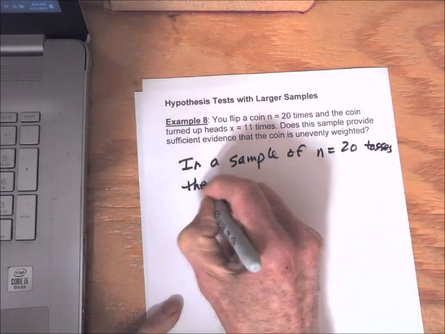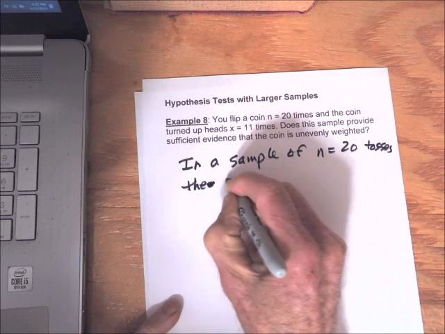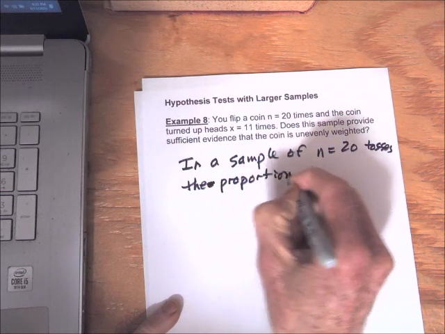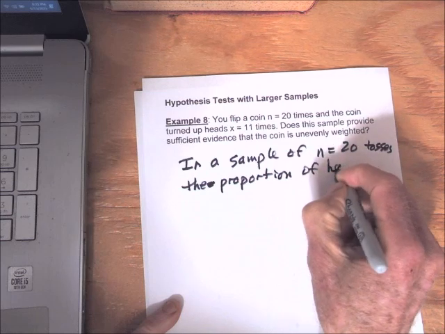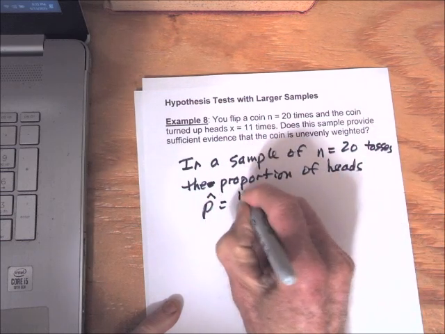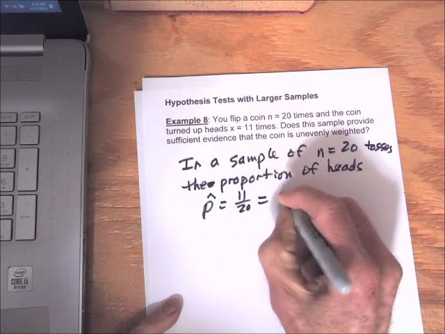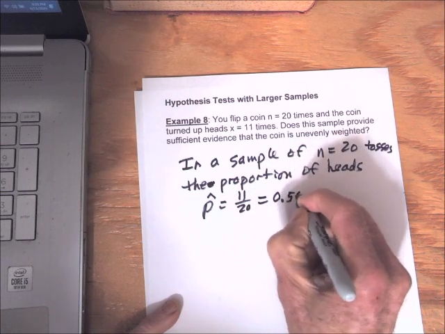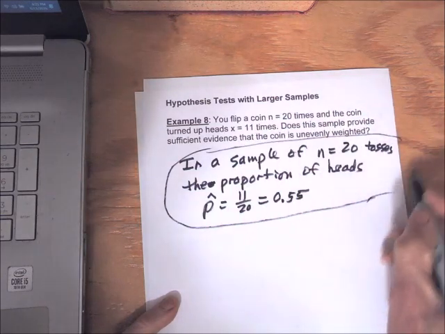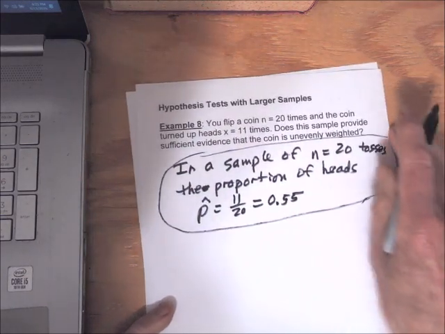The proportion of heads, represented by p hat, is 11 over 20, which as a decimal is 0.55. Okay. And this is a sample from a larger population.